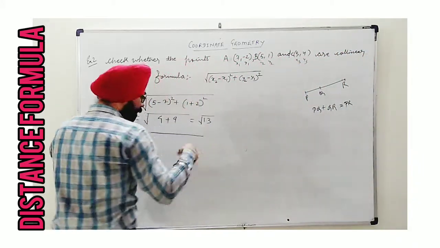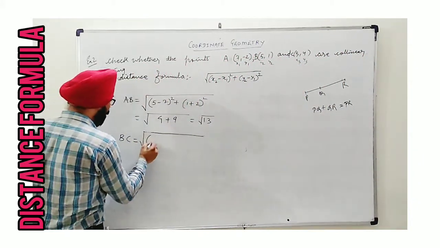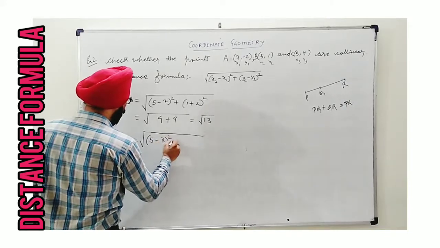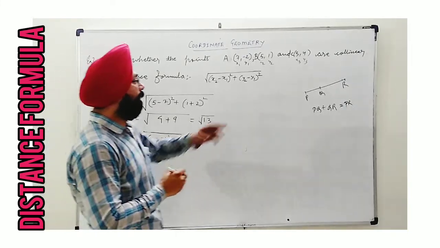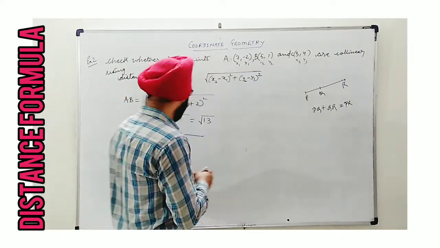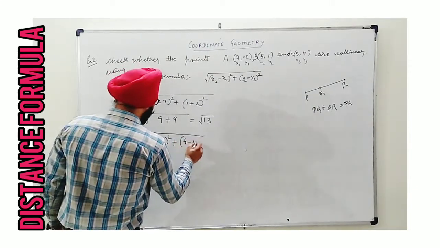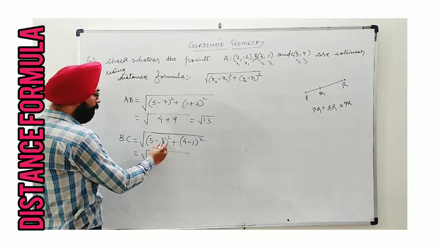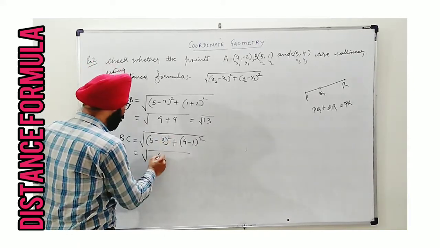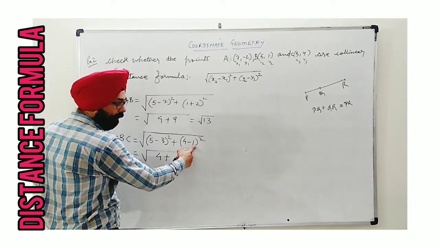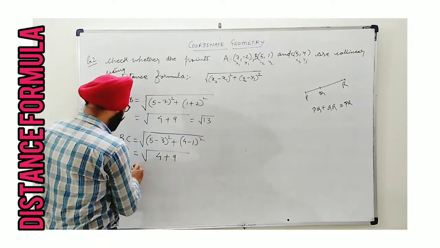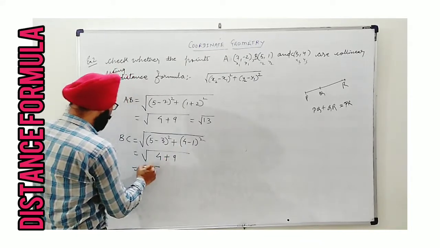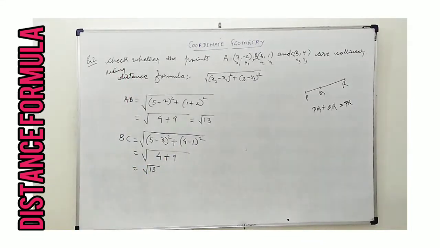Either you do 3 minus 5 or 5 minus 3, doesn't matter. 5 minus 3 whole square plus the difference between these two, 1 and 4. So we can write 4 minus 1 whole square. Solving, 5 minus 3, 2, and square of 2 will be 4, plus 4 minus 1, 3, 3 square is 9. It comes root 13. Similar to AB, we can see.